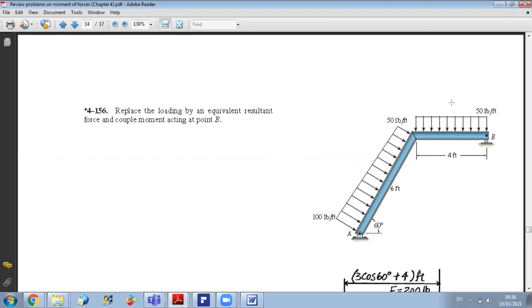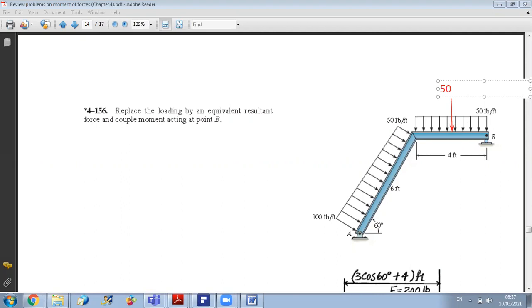For the rectangular load here, I can replace it by a force at the center. The value of it is equal to the area, which is 50 times 4. And the point of application is just at the middle, so this distance here is 2 feet.